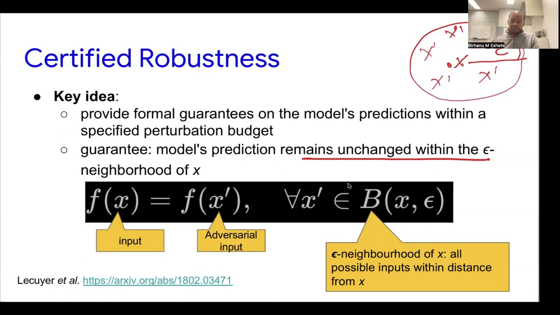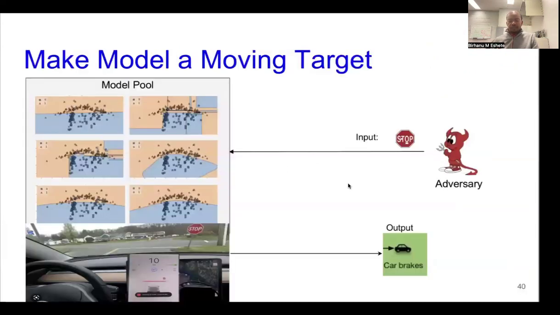So that's a very promising idea, but we still have to see this used in large, complicated models and so on.